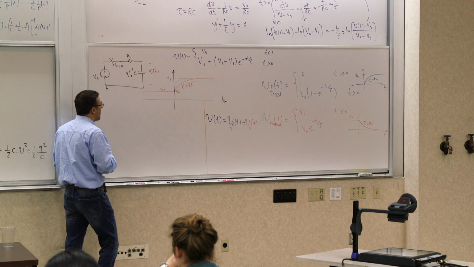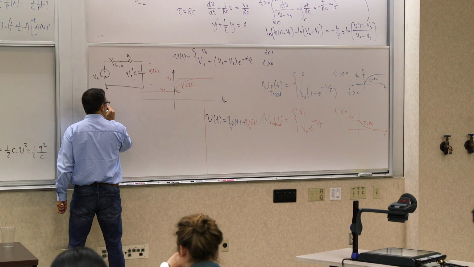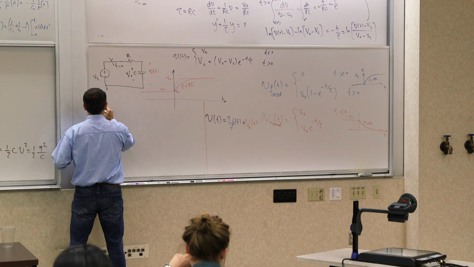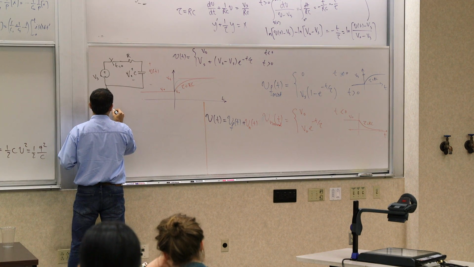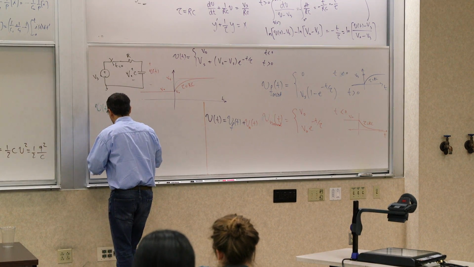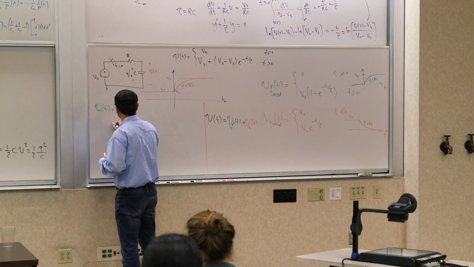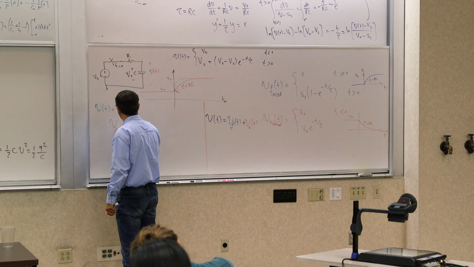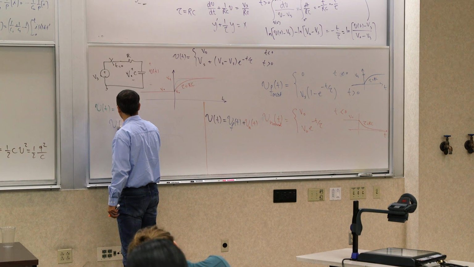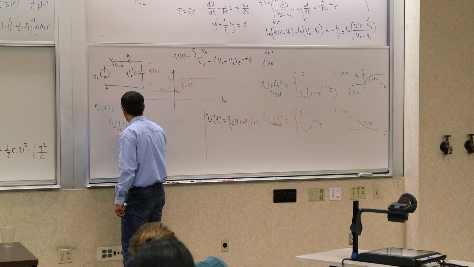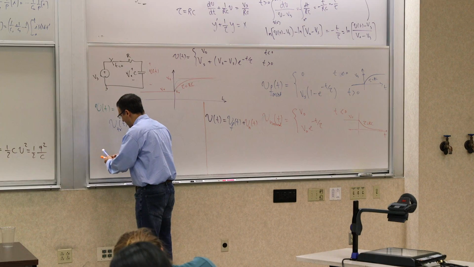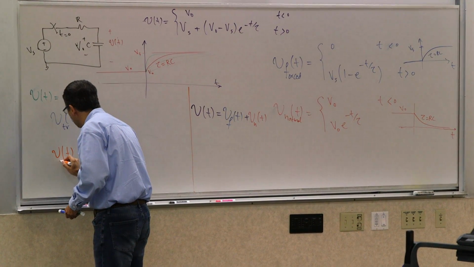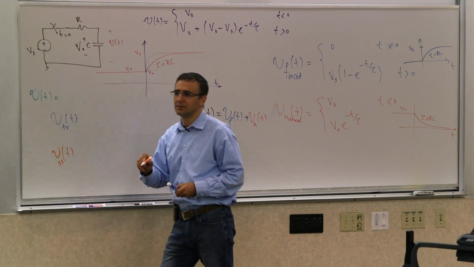Let's write V of t as two different responses. Let's say I have a blue response, which I will call V sub T R of t, the transient response. And then I will have an orange response, which I call V sub S S.